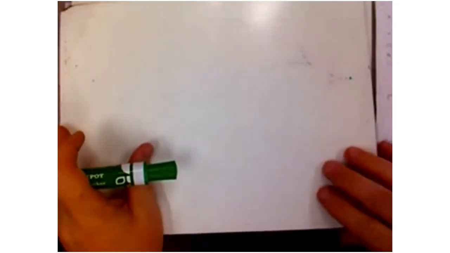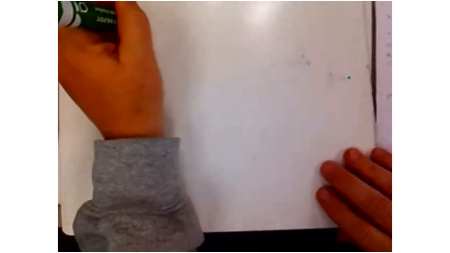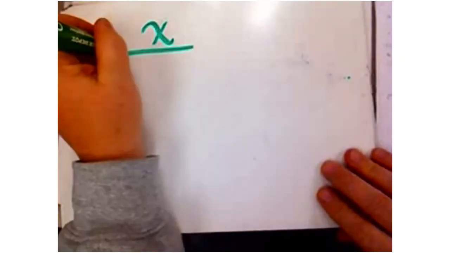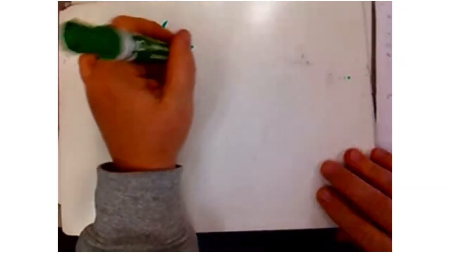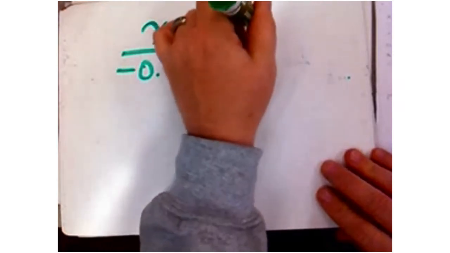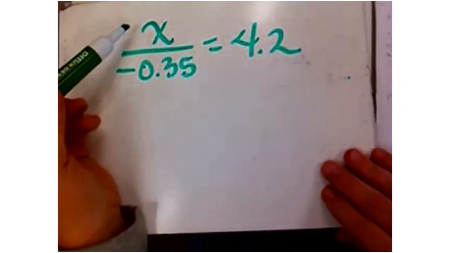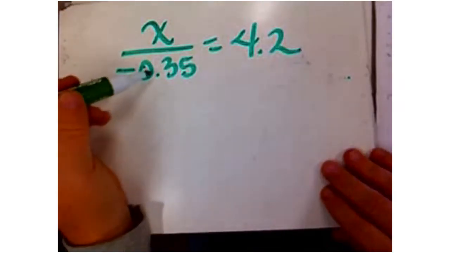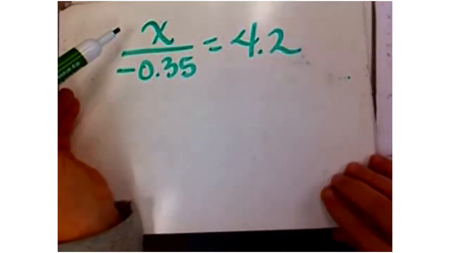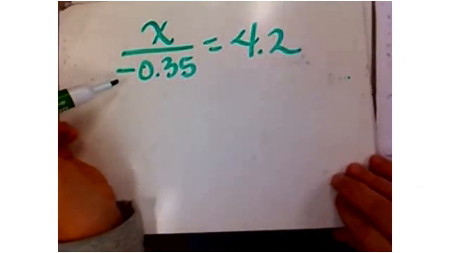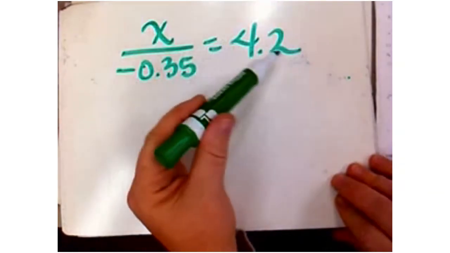If you had a division problem like example 2, where you have x over negative 0.35 equals 4.2, that's actually saying x divided by negative 0.35 equals 4.2.